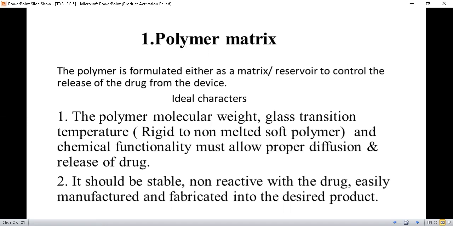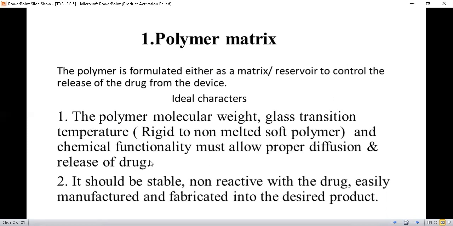It means that, students, in formulation for a transdermal system, you require a polymer matrix that is used for the adsorption of the drug. After you apply this device or patch on your skin, this polymer matrix would release the drug. The ideal characteristics of the polymers are that the polymer molecular weight, glass transition temperature, and chemical functionality must allow proper diffusion and release of the drug.